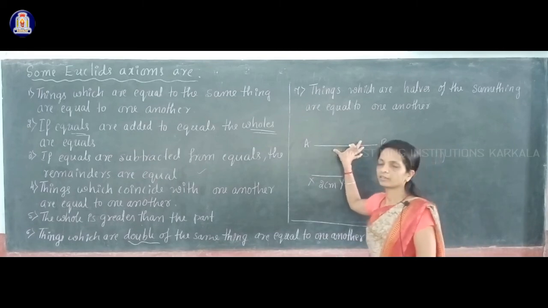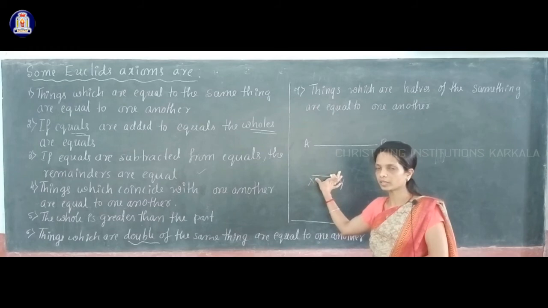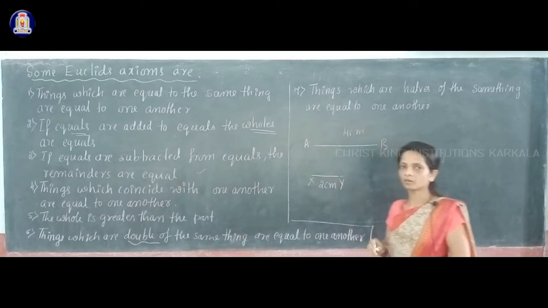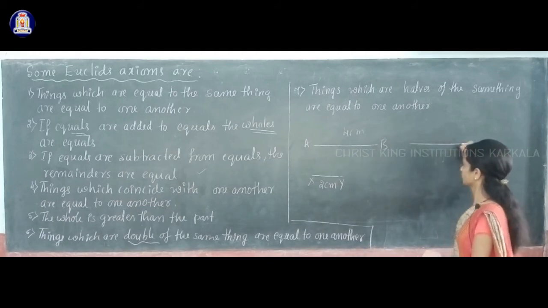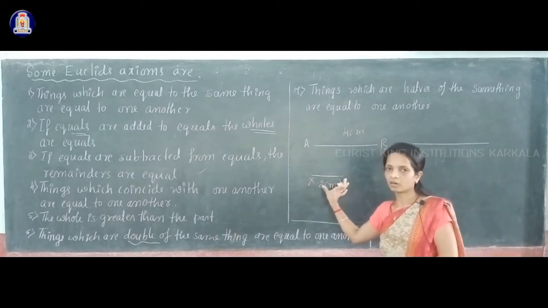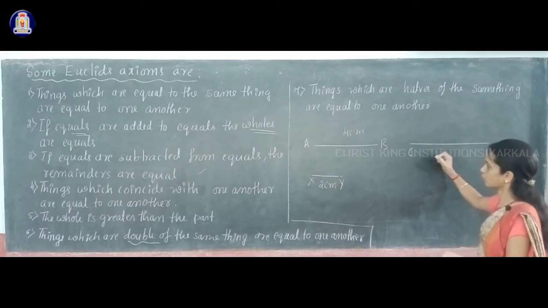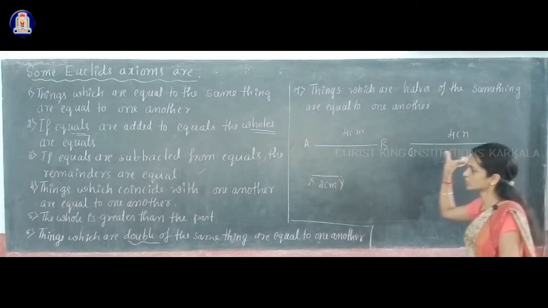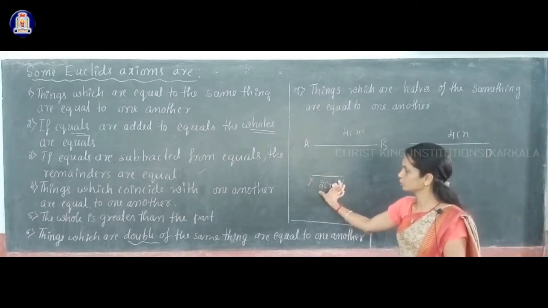Now what have we taken here? Line segment AB which is double of XY's length. Double of XY's length means AB is of length 4 centimeter. Now you take one more line segment which is also double of this line segment XY, and I'll call it CD. We have taken this line segment double of XY, and XY is 2 centimeter.